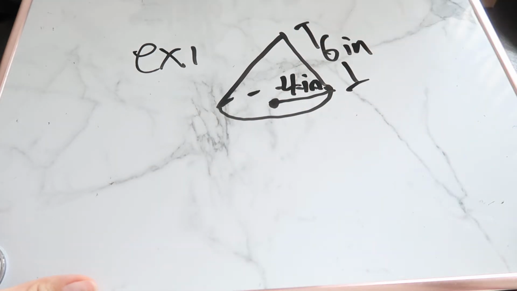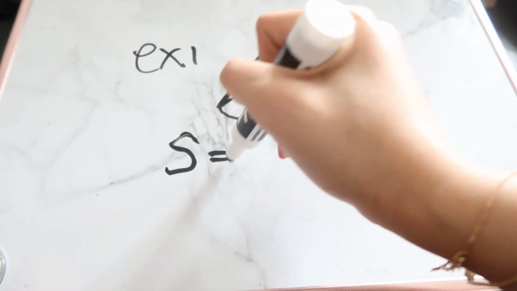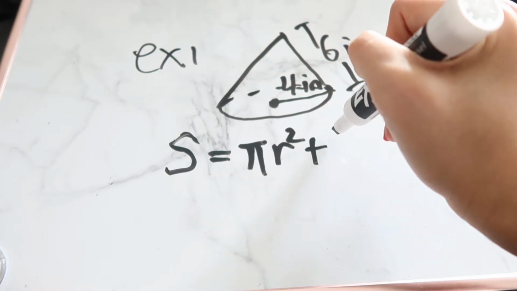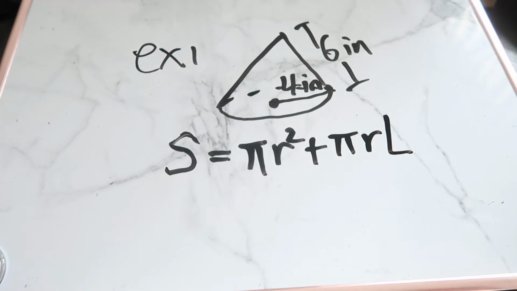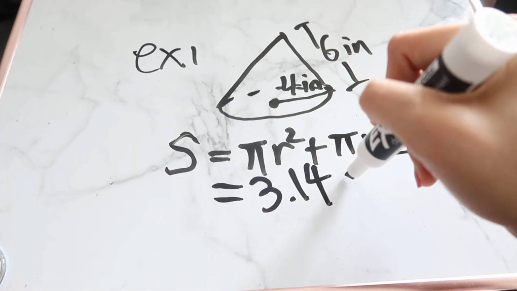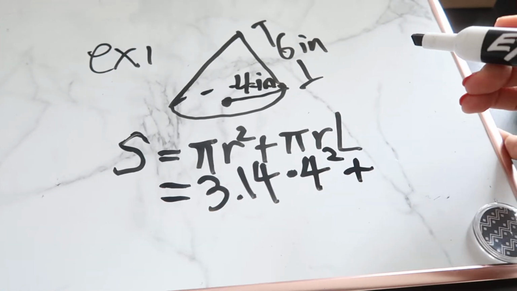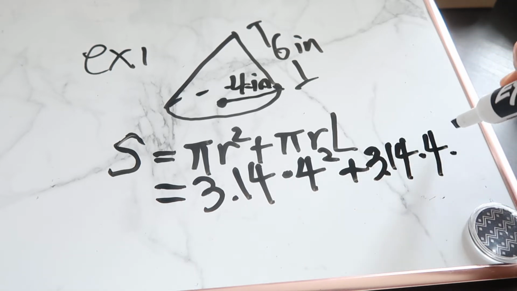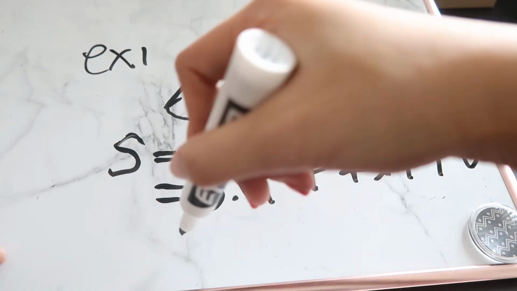So we're trying to find the surface area, and again the formula would be S equals pi r squared plus pi r L. So step 1 is to plug in every single number you have here. So that will be 3.14 multiplied with 4 squared plus 3.14 times 4 times 6. And now you will need help from a calculator.